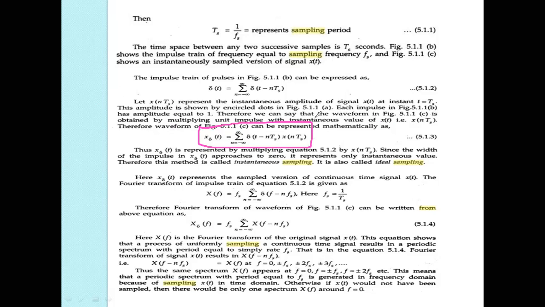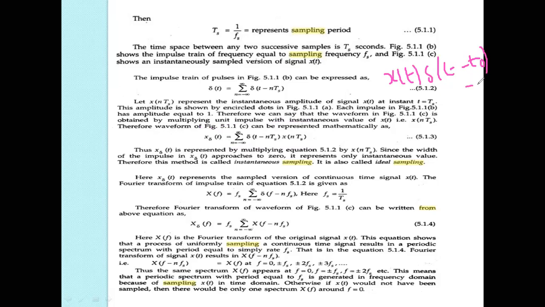How can we write this function? See the x of t. I already told you some properties of the impulse function. x of t delta of t minus t naught is equal to x of t naught times delta of t minus t naught.